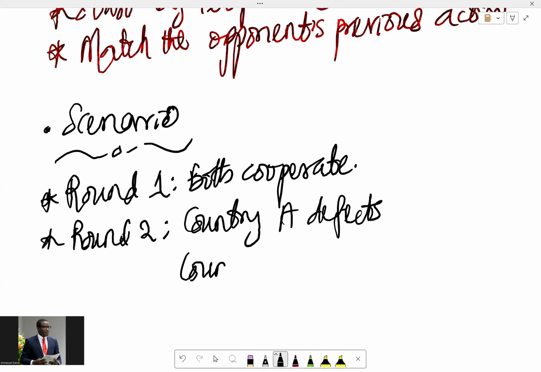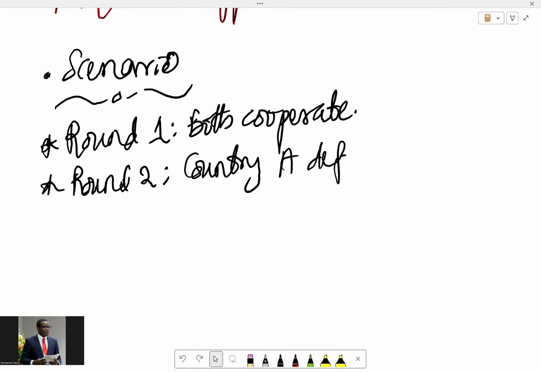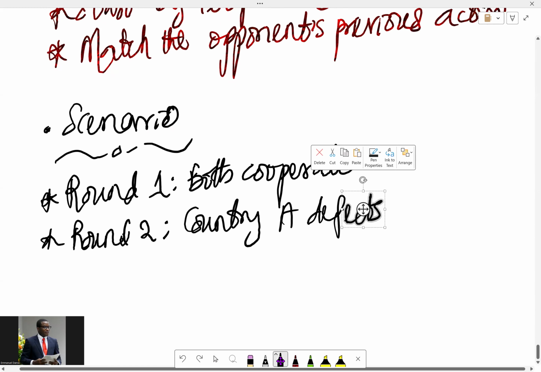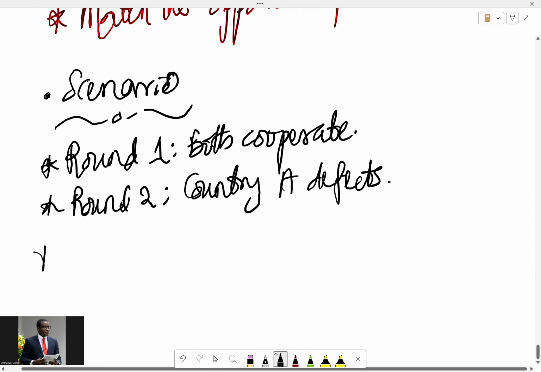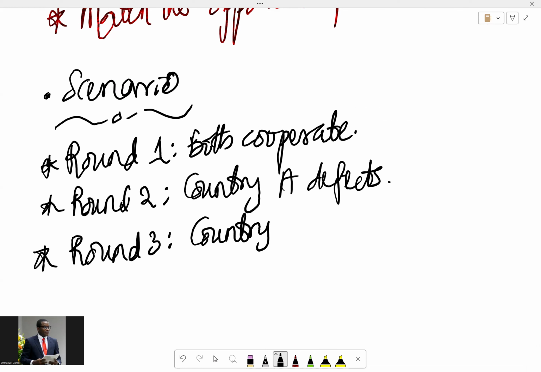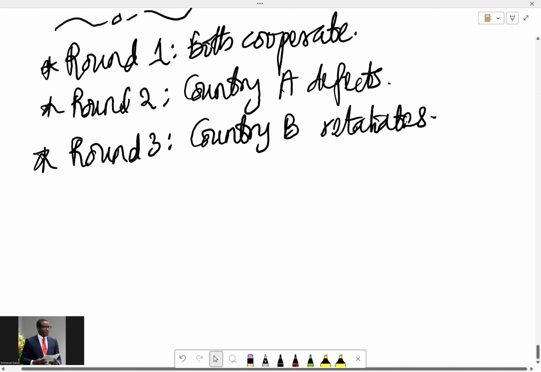Let me just go round by round so you can follow. So in round two, country A defects, right? So automatically, in round three, country B retaliates because country A defected in round two.